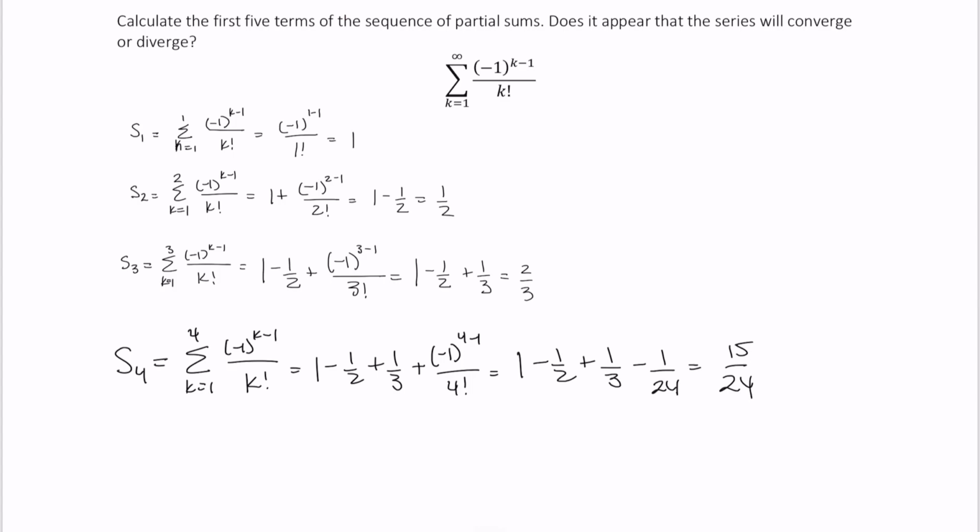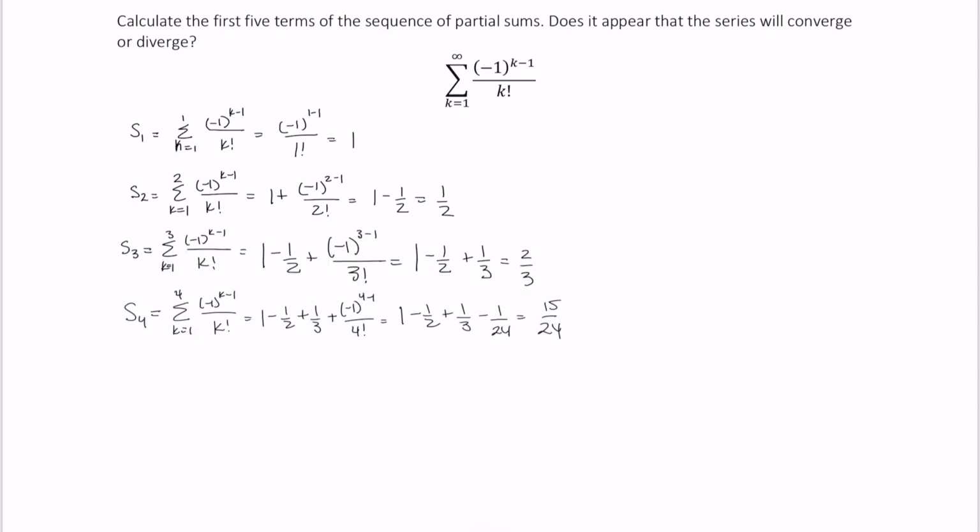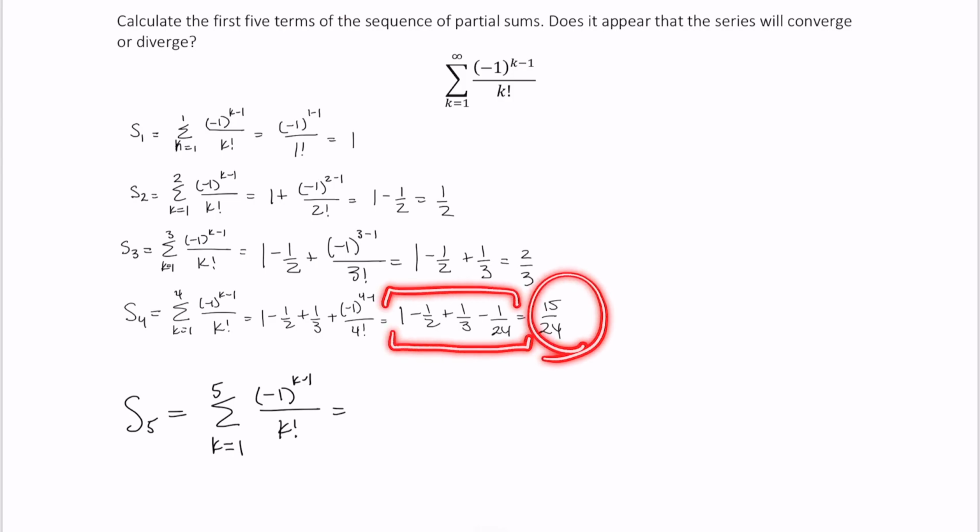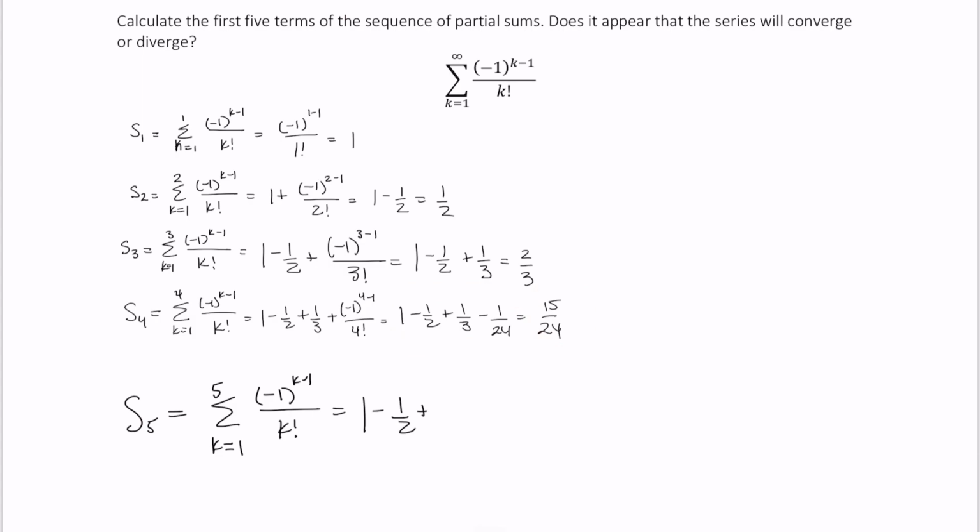Let's look at the fifth partial sum. Okay, the fifth partial sum, S5, again, is another finite sum. Remember, partial sums are finite sums. And I'm going to take the fourth partial sum, and again, I'm going to take the long version before I simplified it, just to get in that habit. 1 minus 1 half plus 1/3 minus 1 over 24.